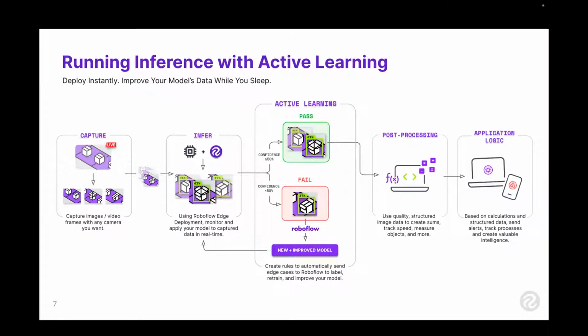So if it's over 50% confidence, it's a pass, and then you do some kind of post-processing, some application logic with it. If it fails, so if it's a 37% confidence, as you can see here, you pump it back into your Roboflow project. You then re-annotate the image, you pump it back into your model, retrain a model, and your model is just constantly improving, getting smarter over time. So this is something we really like to push these days, the full active learning pipeline.